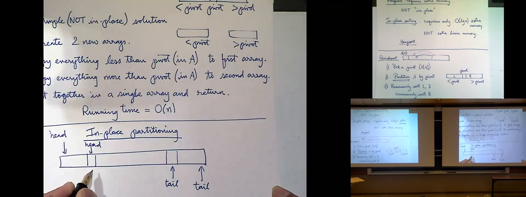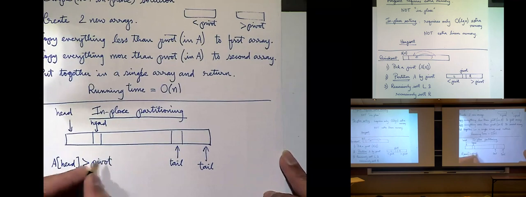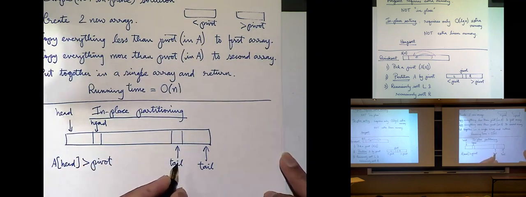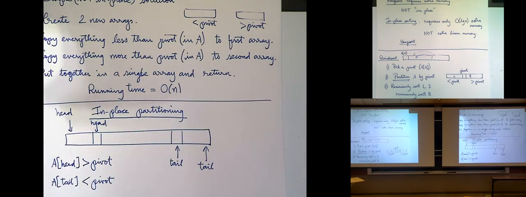When this pointer is stopped, what do you know? You know that A of head is greater than the pivot, and this pointer has stopped moving. A of tail is less than the pivot. So then you have this problem. Easy fix, you swap them. So you swap it and then continue.